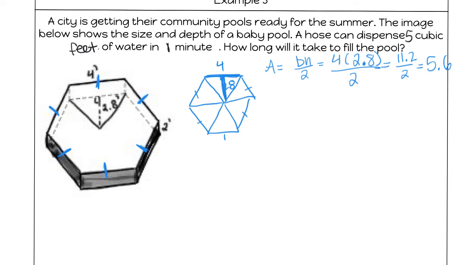Okay, so I want you to take a second, figure out what the area of the whole hexagon is. Take 30 seconds to do that. So I want to find the area of this whole base.